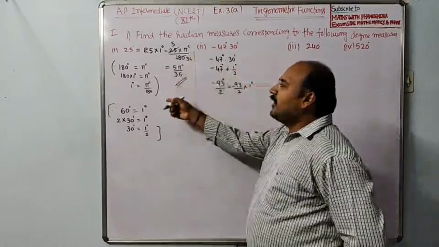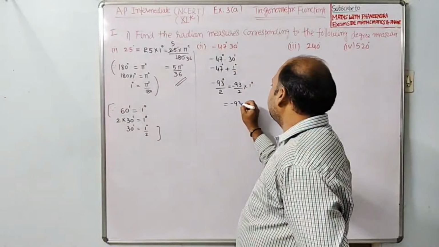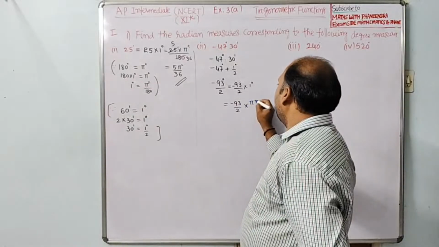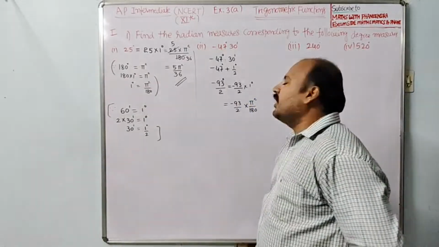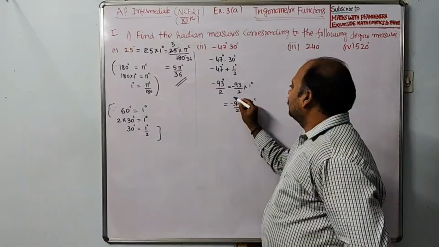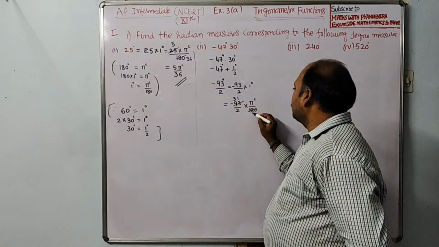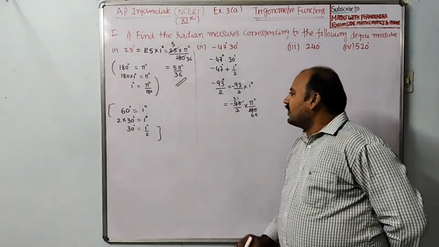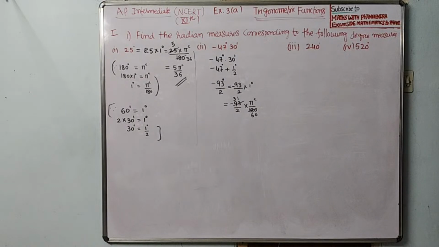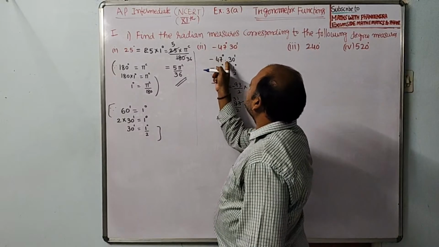So again 1 degree can be written as minus 93 by 2 into pi radian by 180. Okay, 3 table, 3 3s are 9, 3 6s are 18, 3 60s are 180. Other than this, is there any possibility to write, dear students? Yeah, here I forgot. This minus is including for this also.